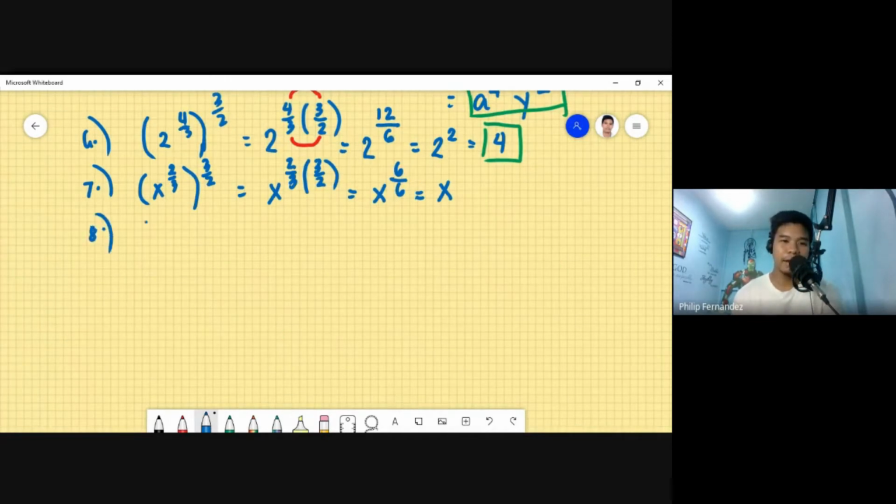Example number 8. So we have, let's say, 3 raised to 1/2 raised to 8 over 2.